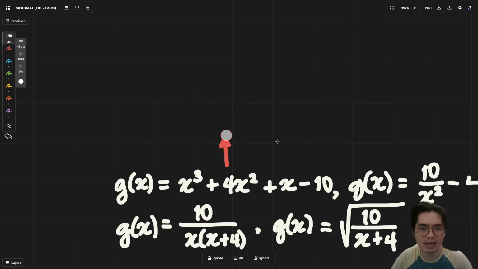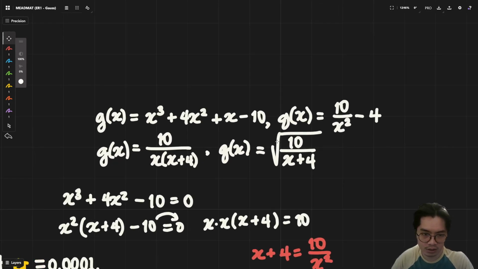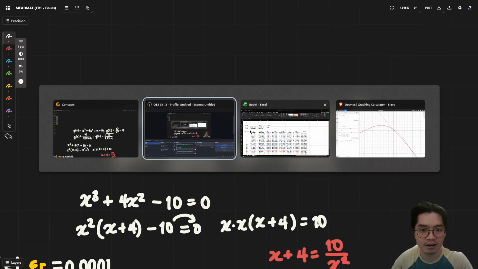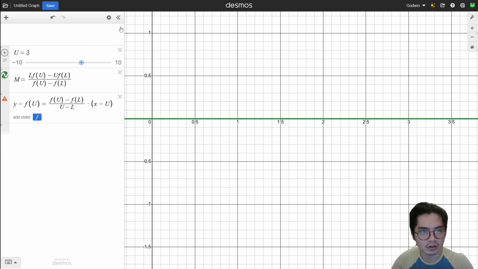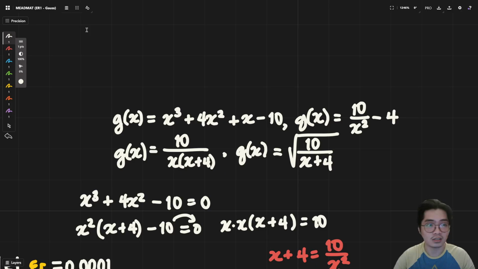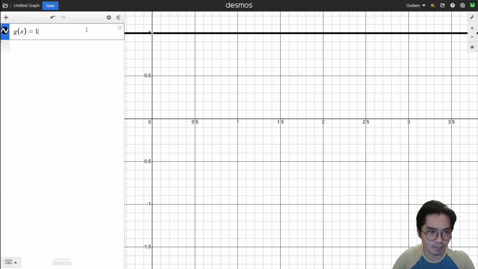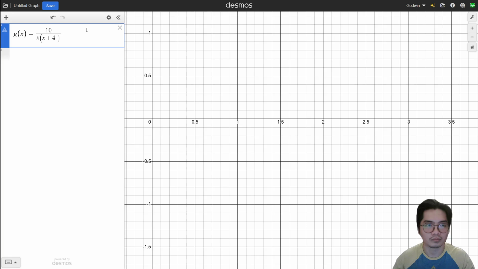Maybe let's look at the other manipulations here of your g of x, right? G of x is equal to 10 divided by x times x plus 4, right?